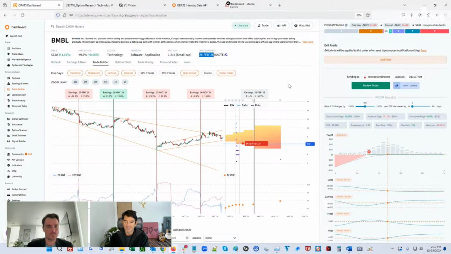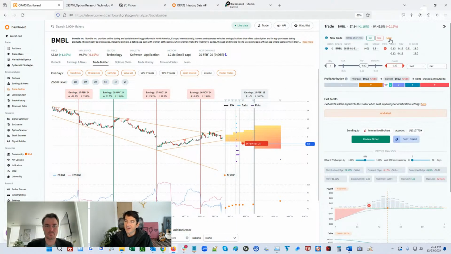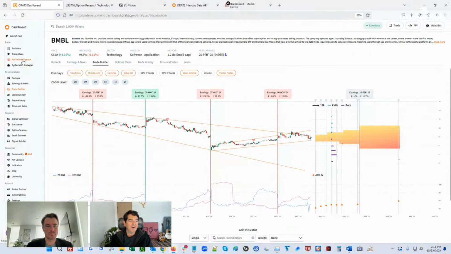To me, selling this vol, we see conflicting theoretical value numbers, and I like the fact that it's in an upward channel, but there's also a downward channel coming onto it. So I think something's going to happen here. I wouldn't be that excited to pile on. So I would pass on this one and probably go back to the market intelligence.